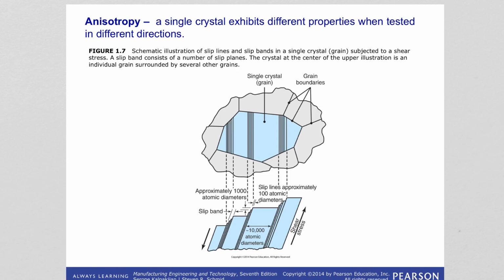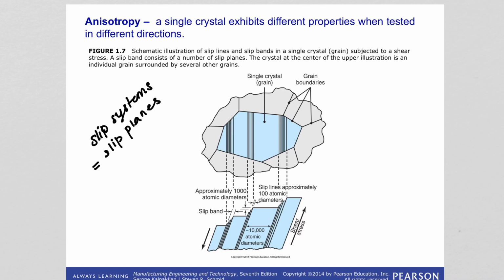So let's talk about slip systems. Slip systems is basically the combination of slip planes. So at certain planes the slip happens, right?